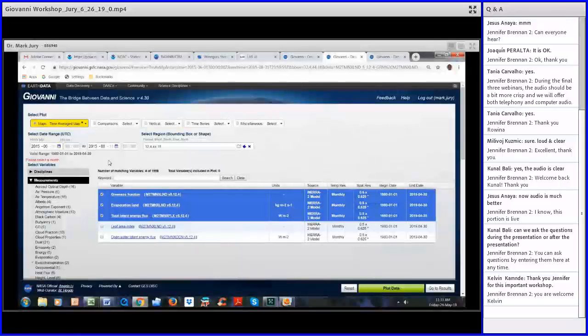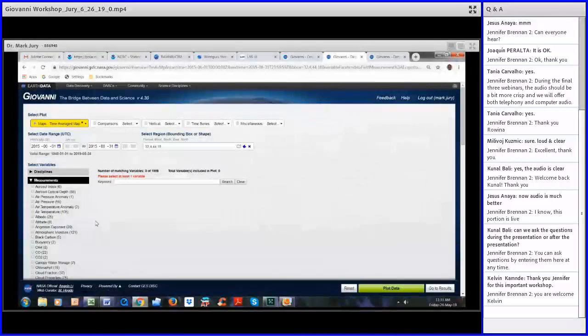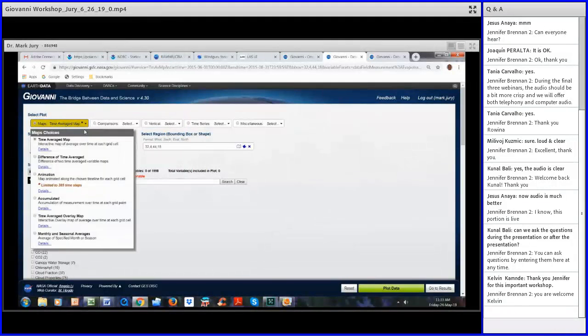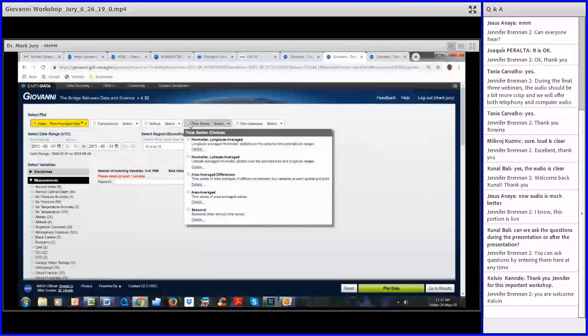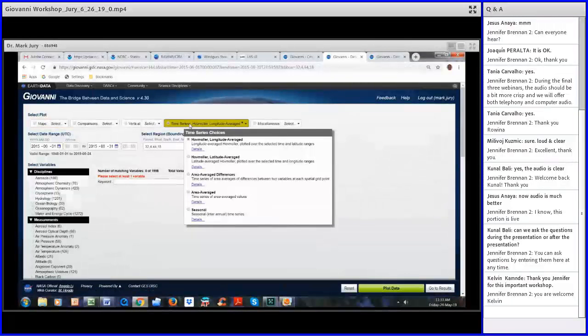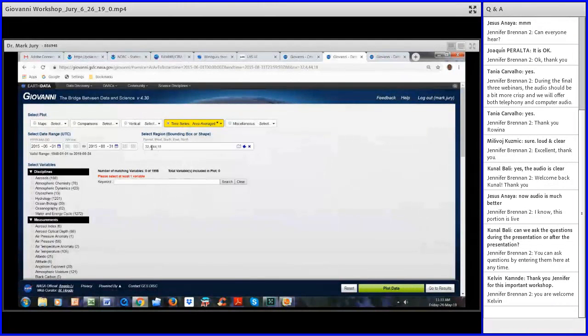So, for example, let's say that I'm wanting to get time series. I say I want area average time series. I want to then reduce my area and increase my time. So I'll do that. Let's say that I'm focused on just a few years, so 2013-01.